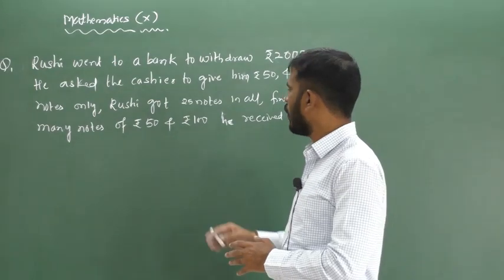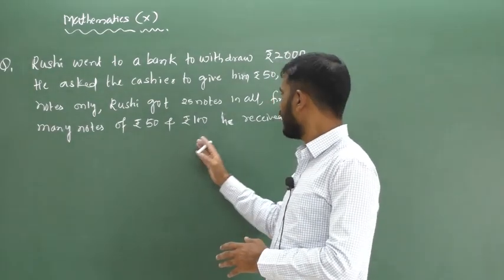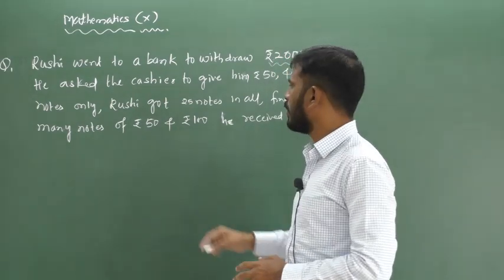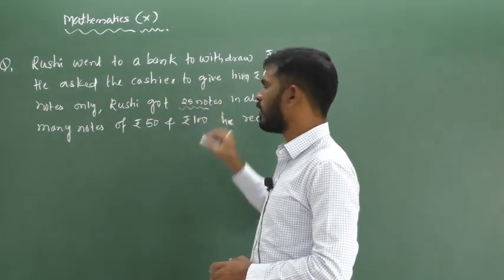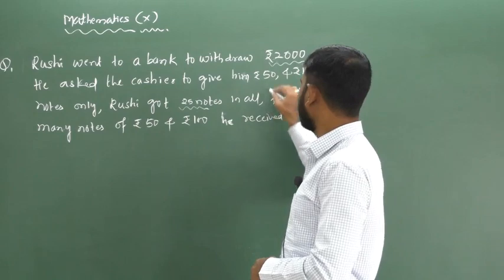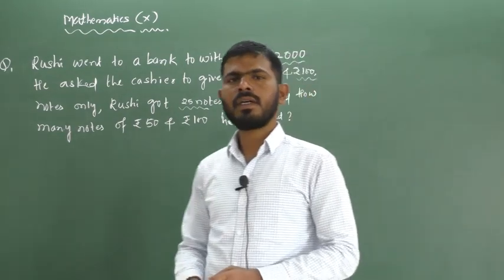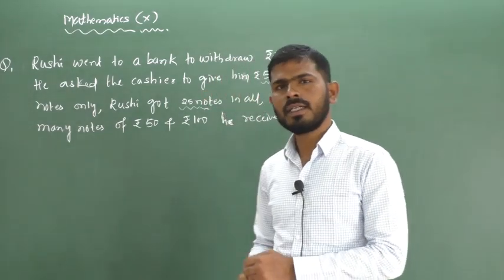You have to find out how many notes of rupees 50 and how many notes of rupees 100 he received. The total amount is given as 2000 and the total number of notes is 25, but you require the number of notes of 50 and of 100 that Rushi received.